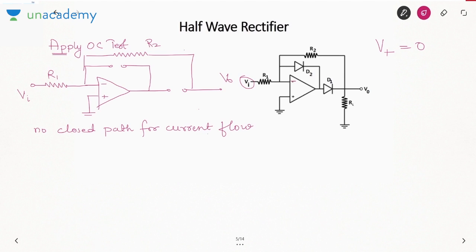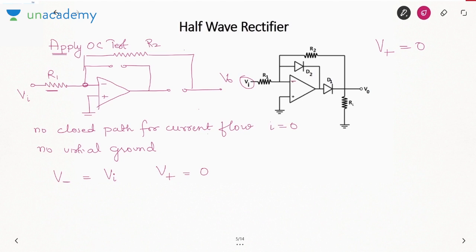If there is no feedback, there is no concept of virtual ground, and current is also 0. In that case, if current is 0, there is no voltage drop across R1. You can say V negative is Vi. What about V positive? It is 0.